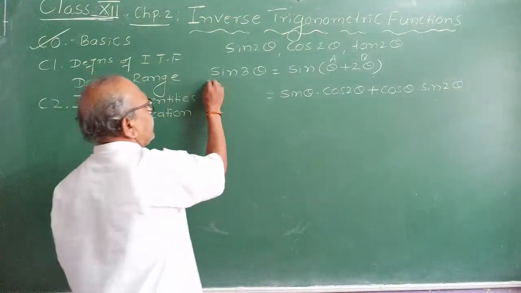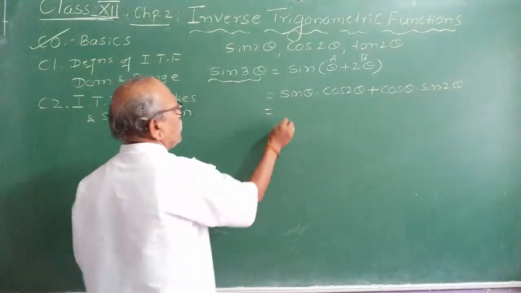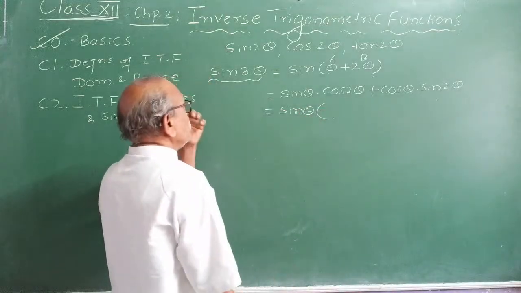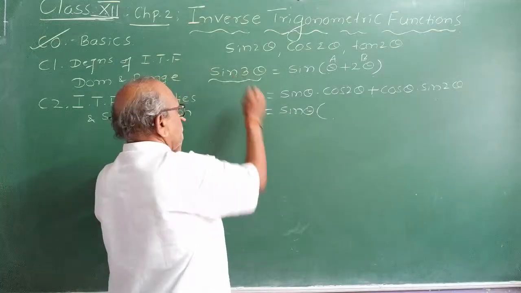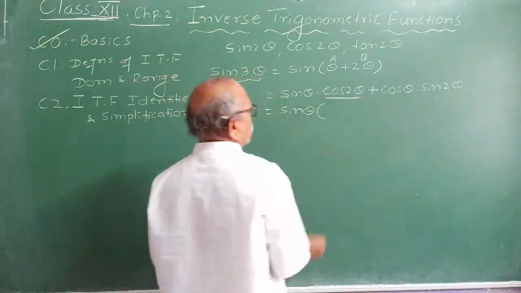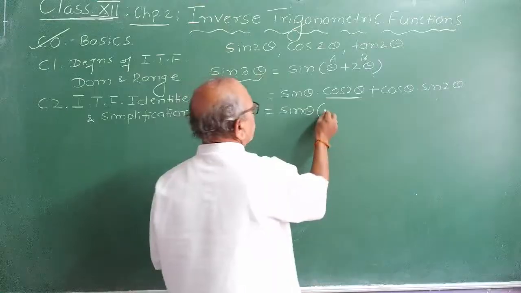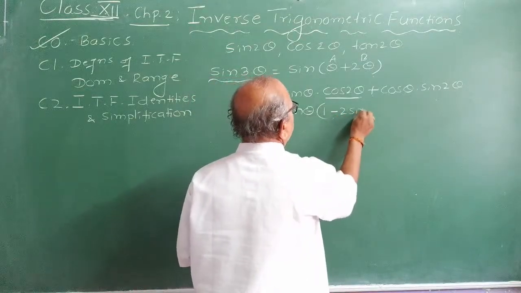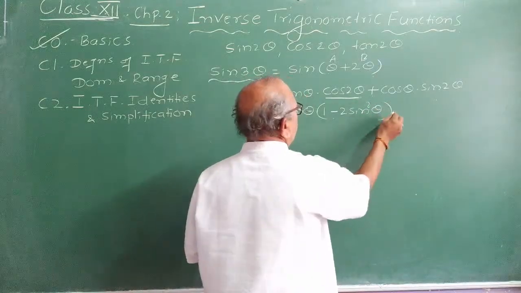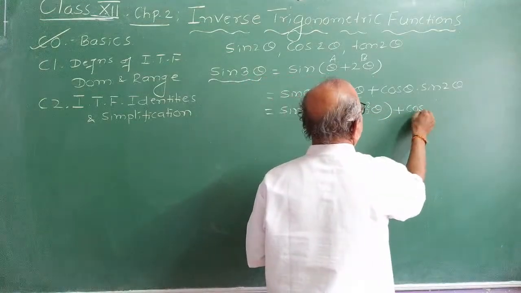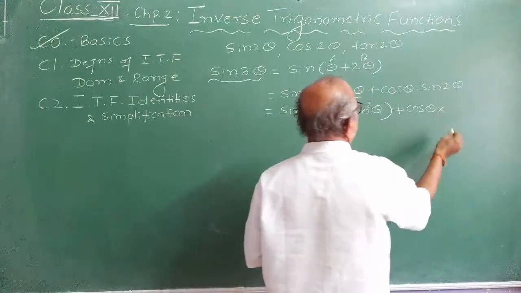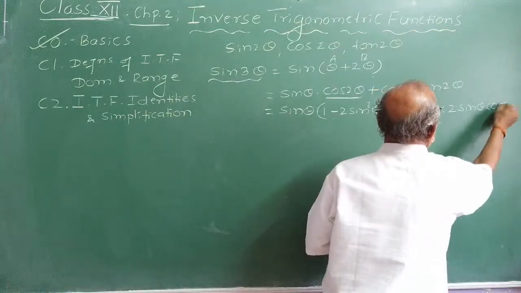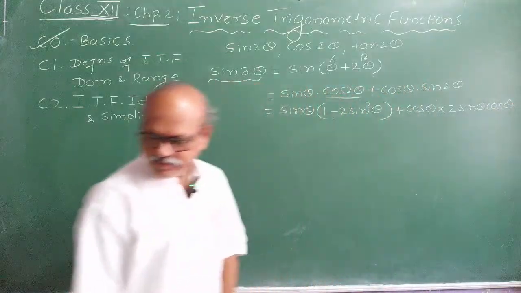You can generate the sin 3 theta formula. You will get here sin theta into bracket. Because we want the result in terms of sin, express cos 2 theta in terms of sin. Recall in the list you collected, 1 minus 2 sin square theta, plus cos theta into what is sin 2 theta? 2 sin theta into cos theta. I hope you got it.